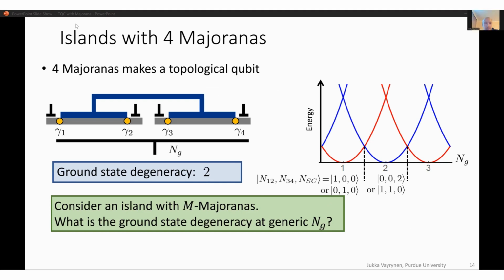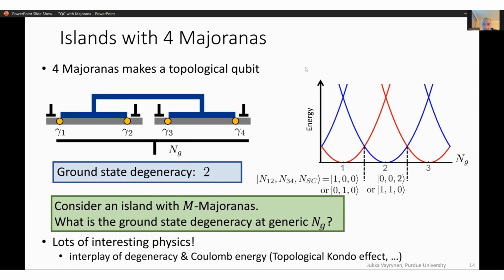Okay, and I hope I don't give the answer. Okay, yes, and turns out there's lots of interesting physics that you can do with these Coulomb blockaded Majoranas.